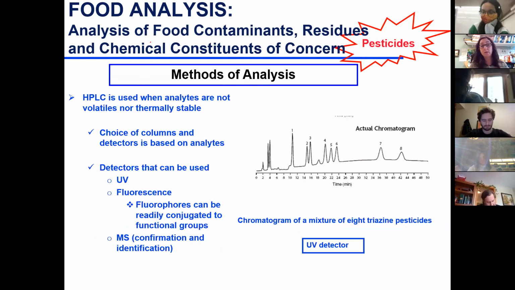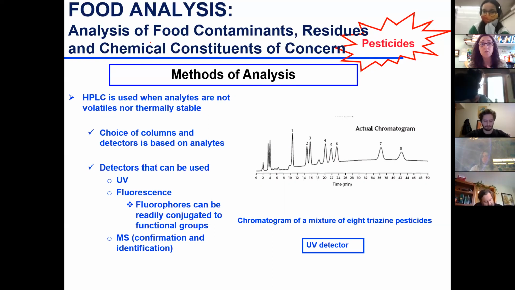Sometimes the pesticides are polar, and a lot of the newer pesticides are polar. So instead of going through derivatization and running GC, you would develop HPLC methods. And there are a lot of HPLC methods used with polar pesticides. The detector is really based on the analyte.